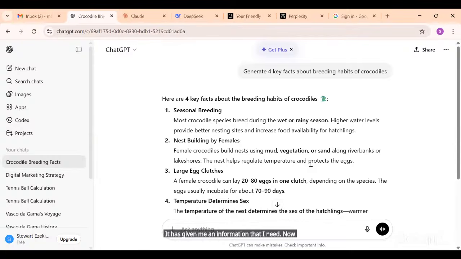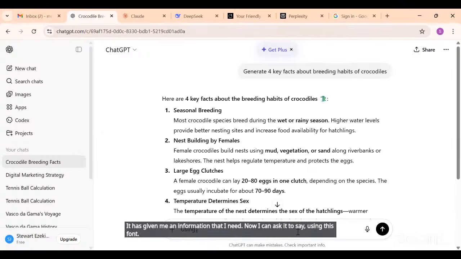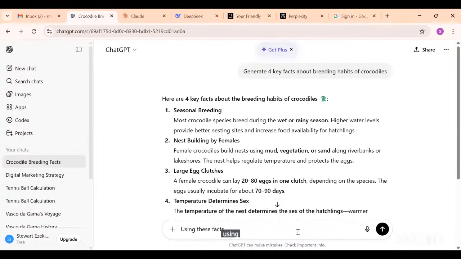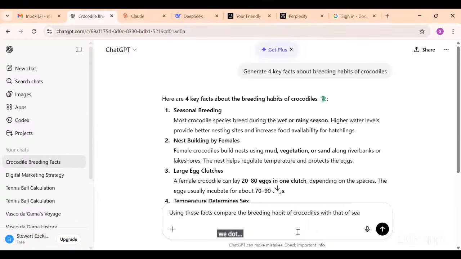Now I can ask it to say, using these facts, compare the breeding habits of crocodile with that of sea lion.